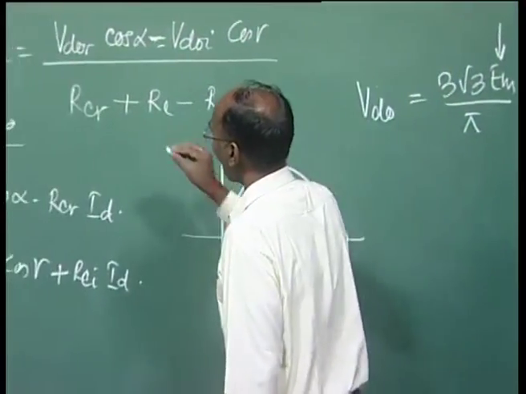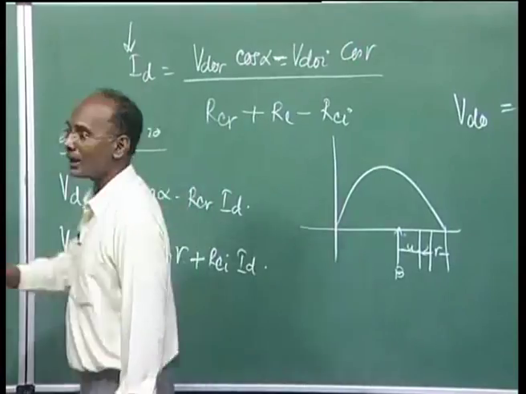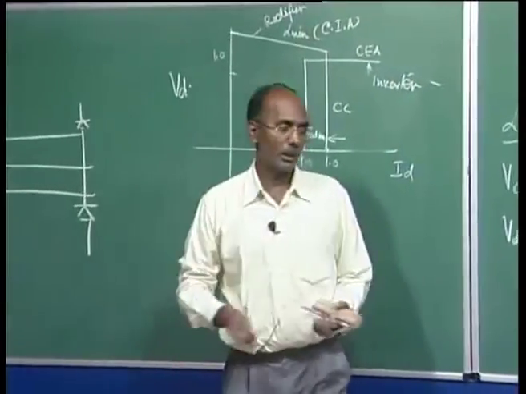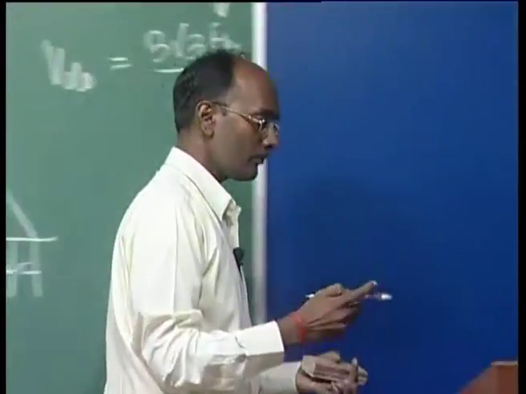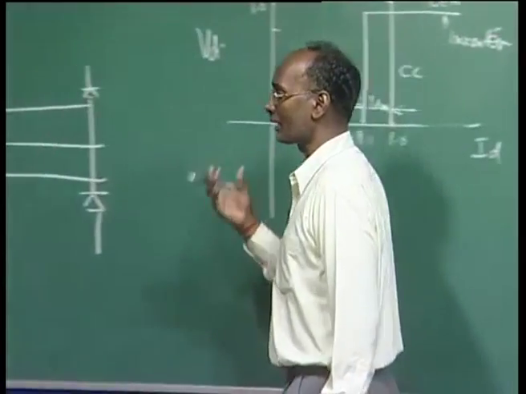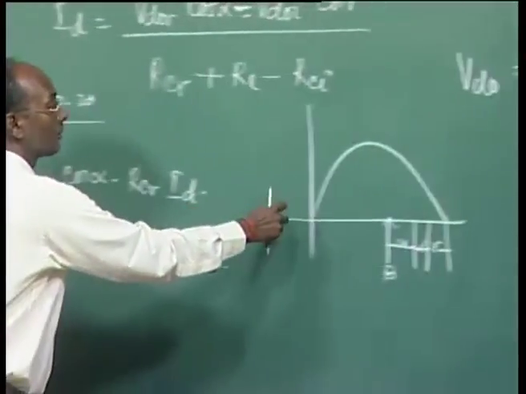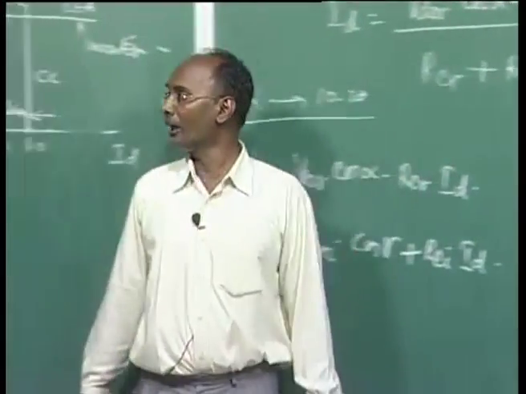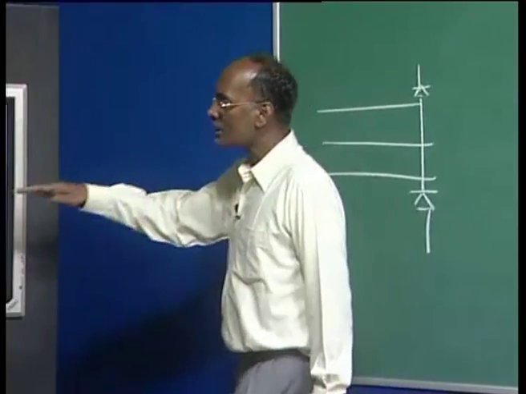To avoid all these things, we should not only measure this EM and this ID, we should also measure other phase voltages. For example, here I have written that we have to measure the amplitude of the commutation voltage. This is your EM, the commutation voltage magnitude. Then we have to calculate the phase of the commutation voltage, because it decides which valve is going to come.